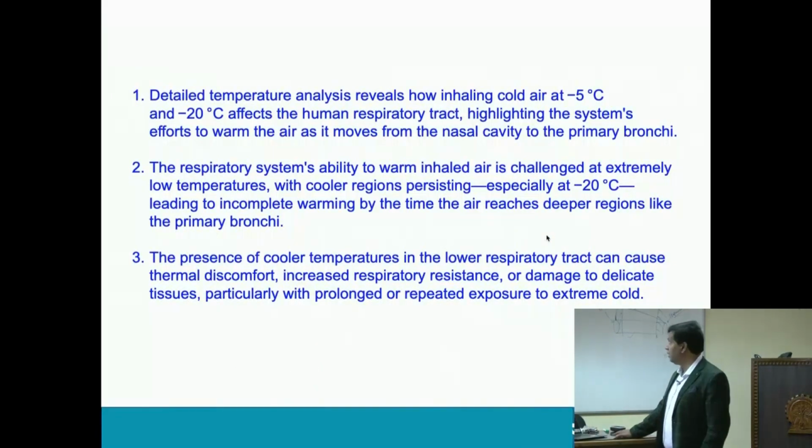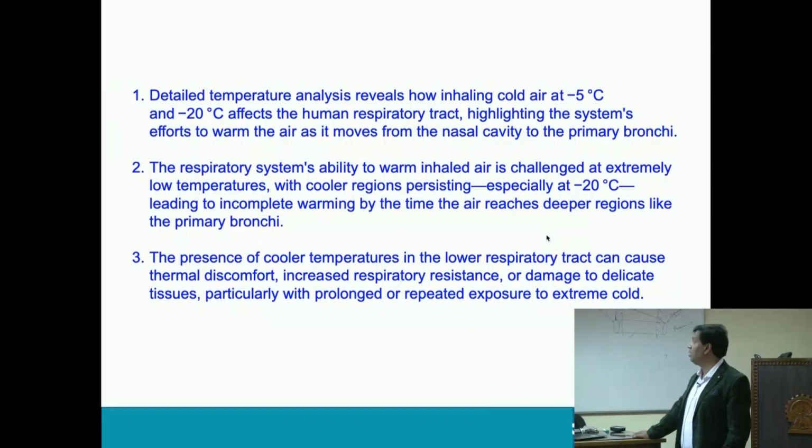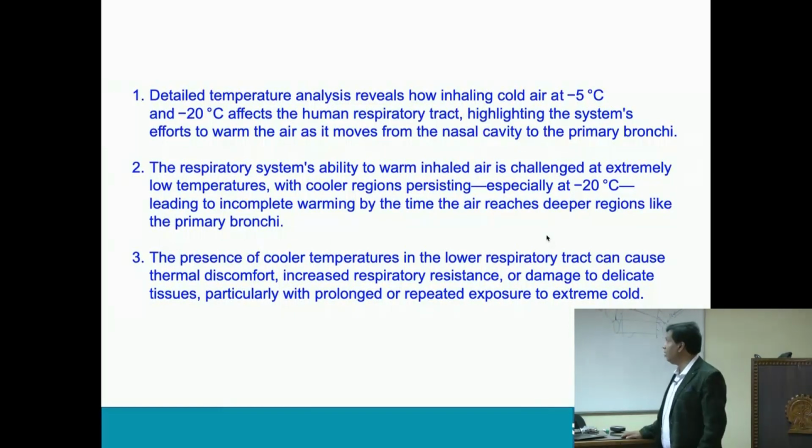So now we see the detailed temperature analysis from this study reveals how inhaling cold air at minus 5 degrees Celsius and minus 20 degrees Celsius affects the human respiratory tract, highlighting the system's efforts to warm the air as it moves from the nasal cavity to the primary bronchi. Okay.